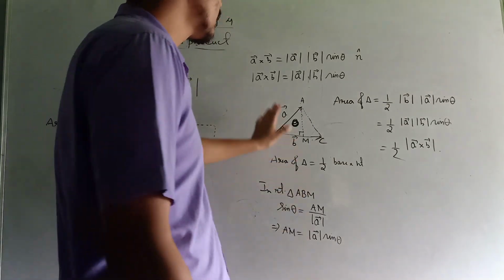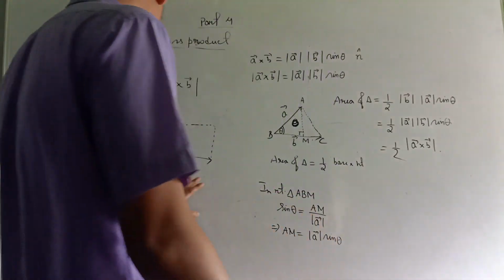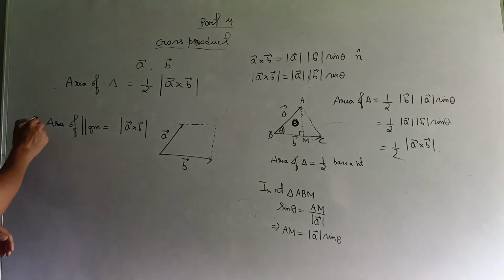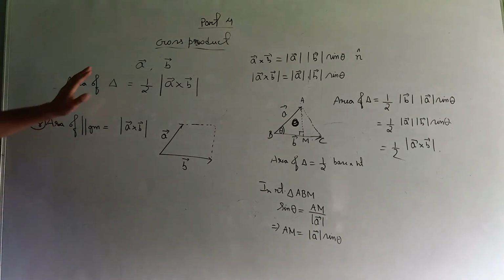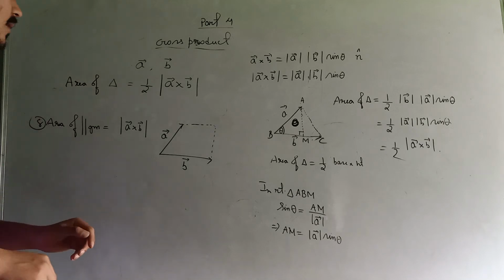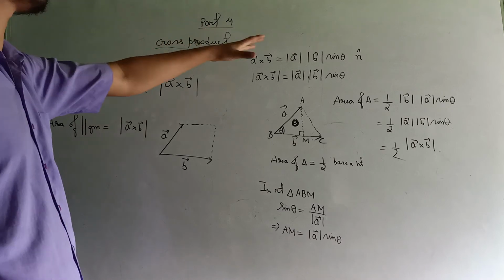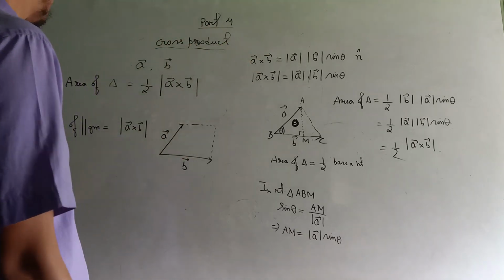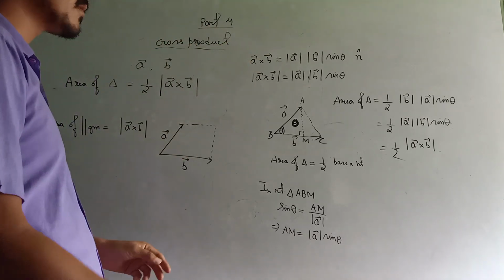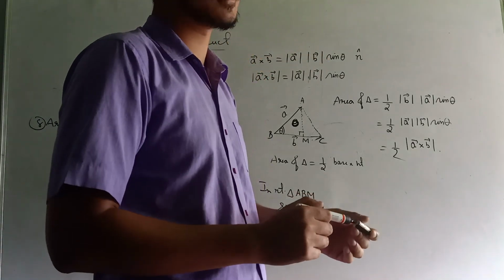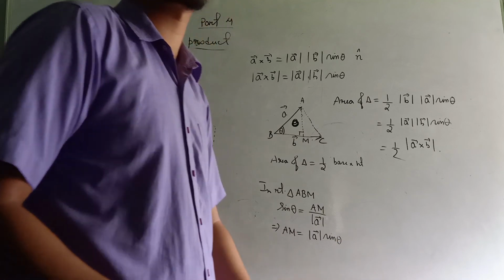So these are the 8 derived results of your cross product. If you have a clear idea of the definition of cross product and all these 8 derived results, then solving this exercise would be a matter of job only.